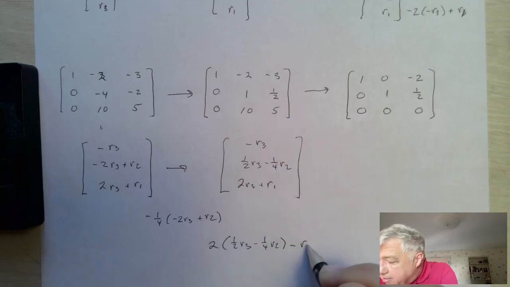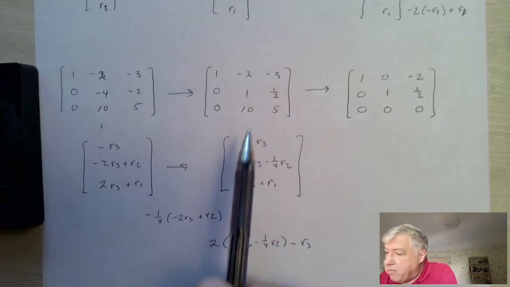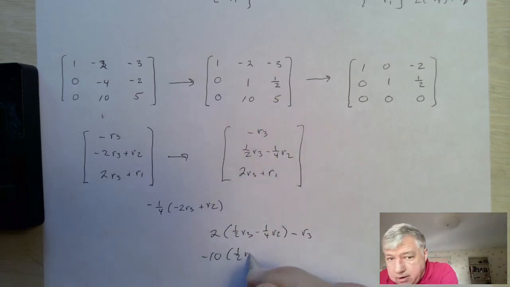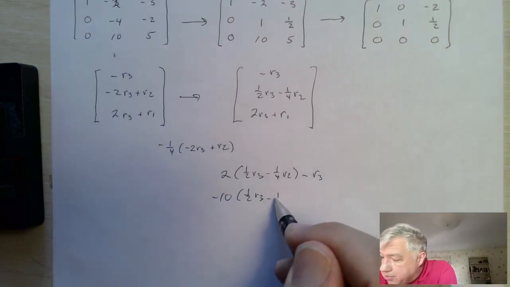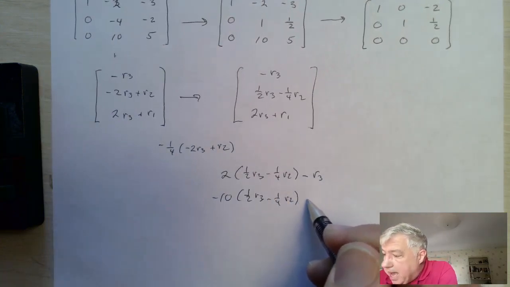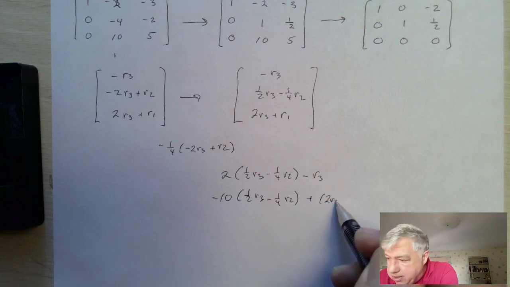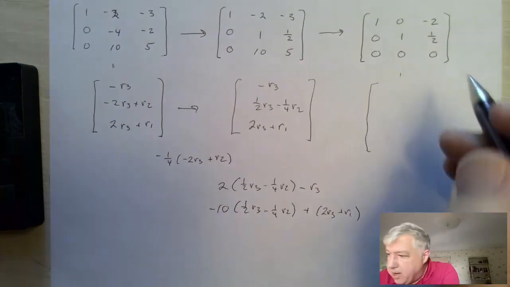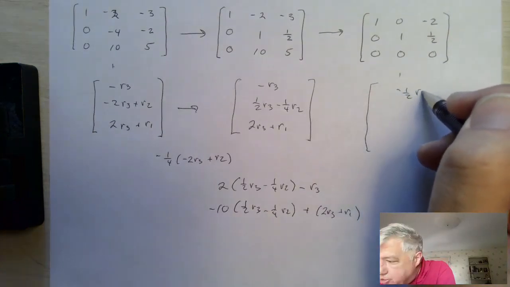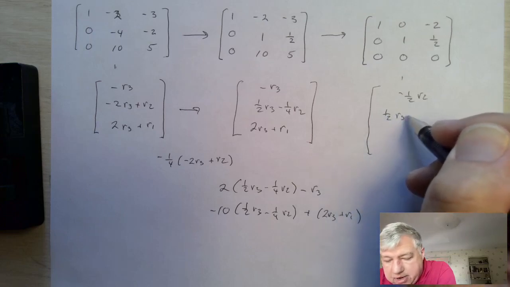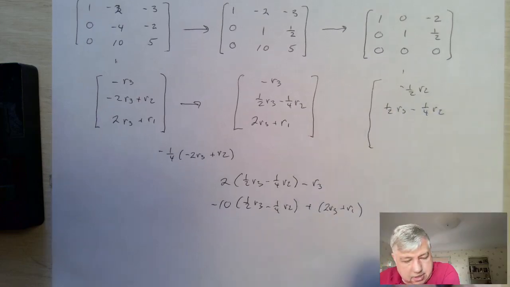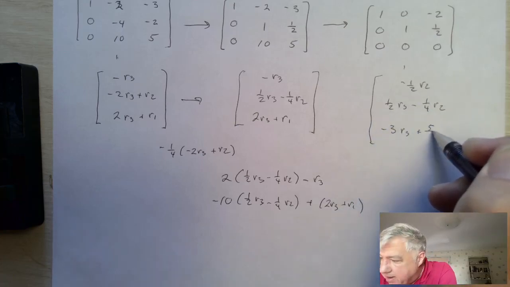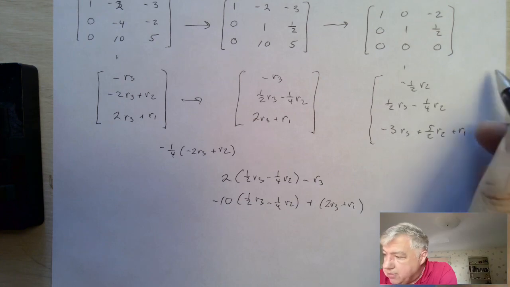So we have 2 times this 1/2 R3 minus 1/4 R2 plus -R3. And then we calculate: -10 times this row is -10 times 1/2 R3 minus 1/4 R2, and we added it to 2R3 plus R1. And when the smoke cleared, what we get is -1/2 R2, 1/2 R3 minus 1/4 R2, and -3R3 plus 5/2 R2 plus R1.